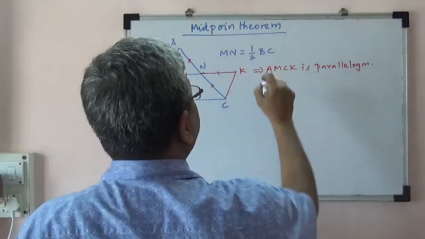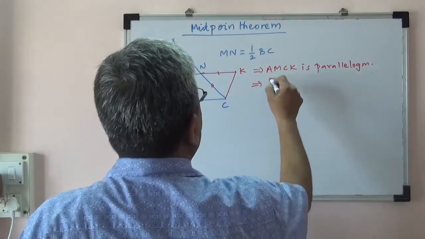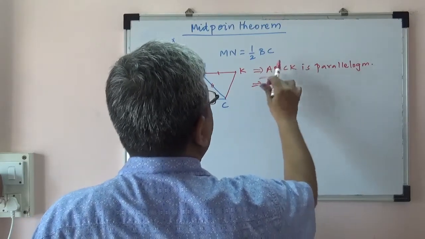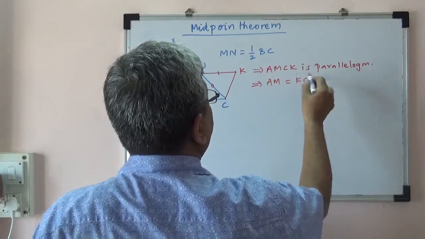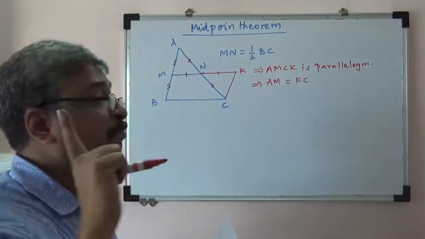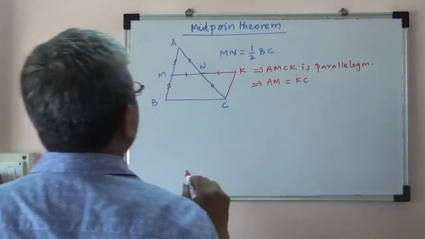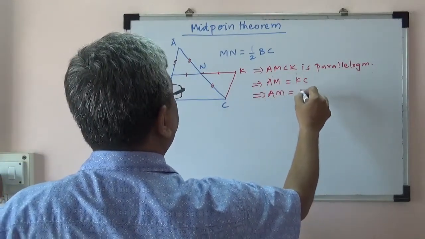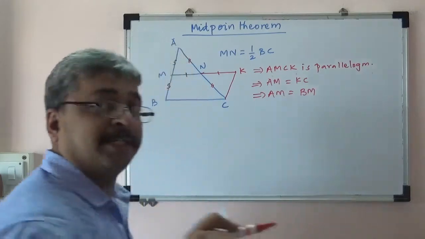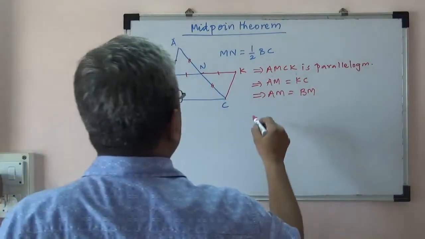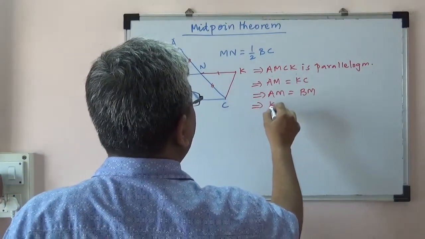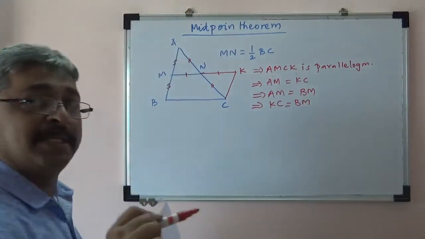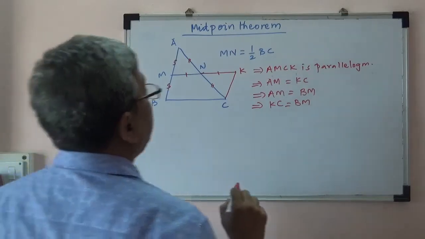Now because AMCK is a parallelogram, AM equals KC. This is the first application of the first theorem which we proved last time. But AM is already equal to BM, right? It is given that M is a midpoint. Therefore, KC equals BM.